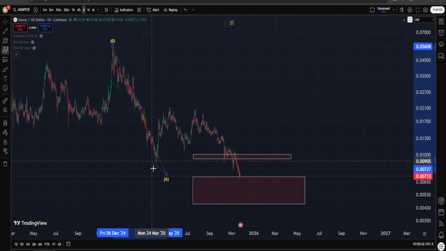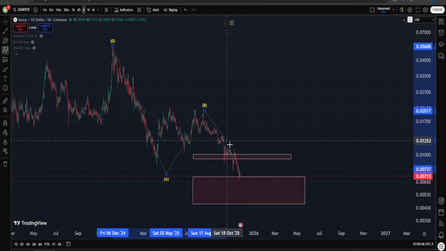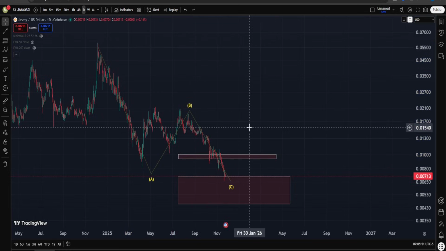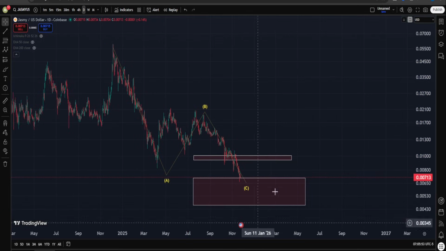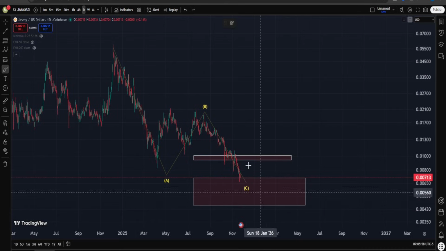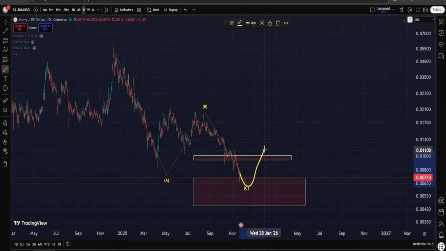This can be 5 down into A, maybe an A, B, C, D, E triangle structure into wave B, and then another move on the downside into our C leg. And again, even this one suggests, since we are right now around this very important support area, that one way or the other it makes sense to expect some sort of a bounce.